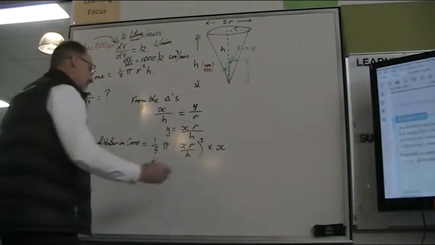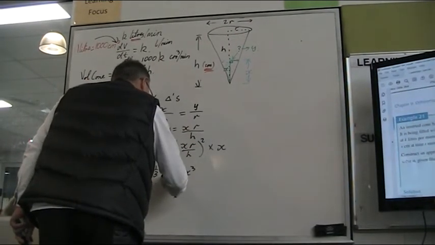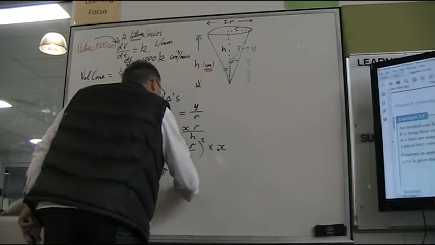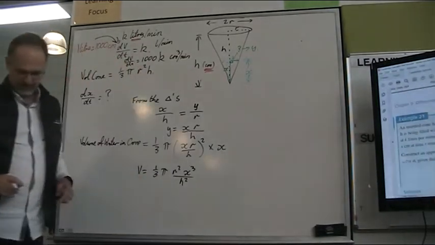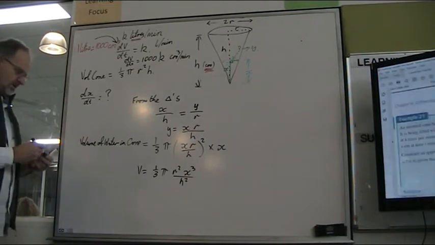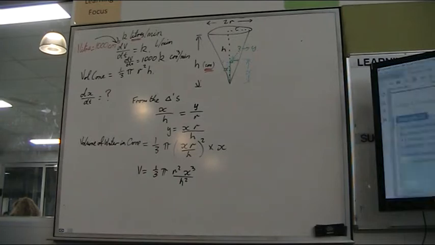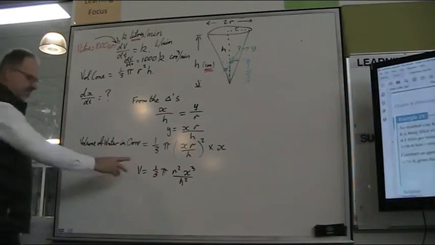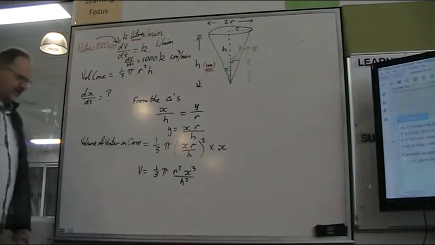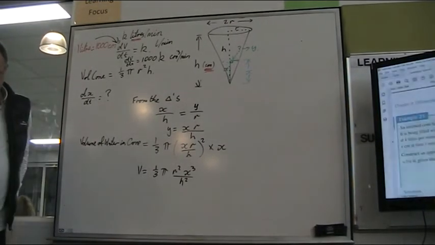So r squared, x cubed on h squared. Alright, so got that stuff. The depth is h in comparison to the whole cone.